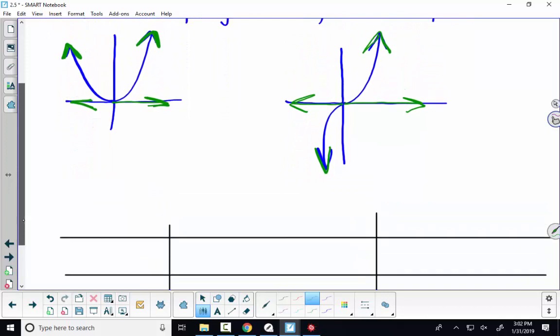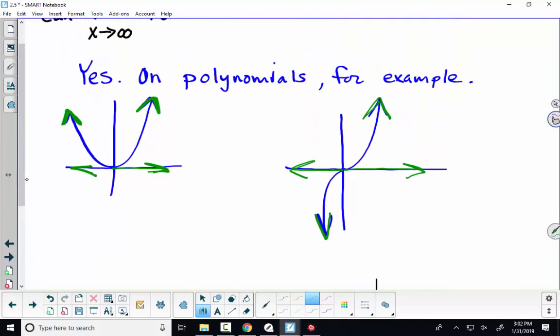So as far as polynomials are concerned, how did we determine where to put the arrowheads before we even looked at limits? There was a specific name for the test to determine, if I'm talking about a polynomial function, where do the arrowheads go? Are they both up here? Are they both down here? Is one up, one down? How do we determine that? Anybody remember the name?